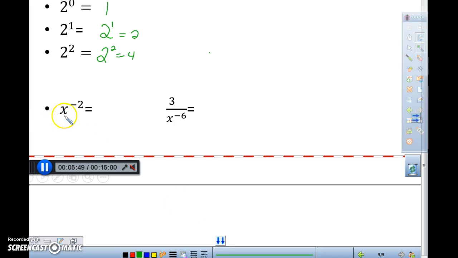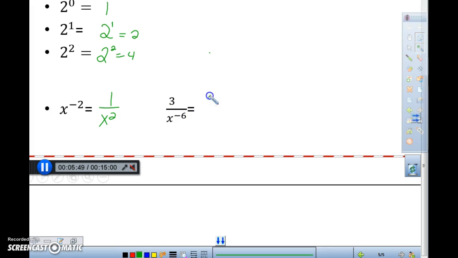X to the negative second would be 1 over x squared. That negative exponent means hit the bottom of the fraction. Okay? What about this one? It's a negative exponent, but it's already in the bottom of the fraction. What do you think would happen? Yeah, you bring it up.